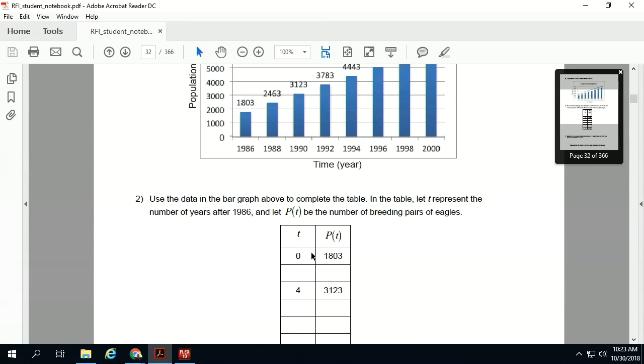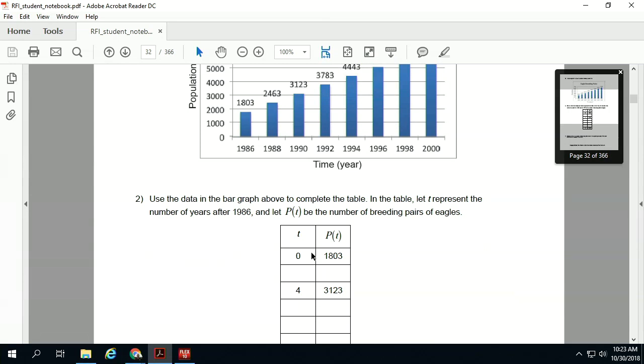So at 2, what number should we put in? At 4, what number should we put in? 3123. Fill in the rest of the table.